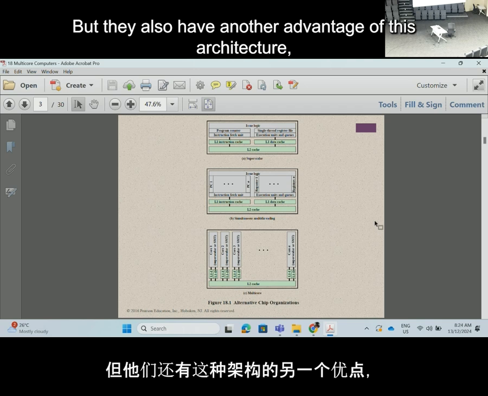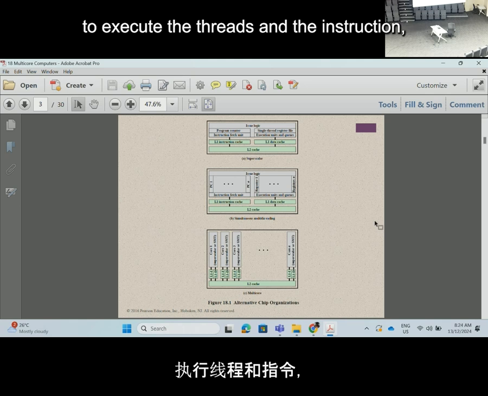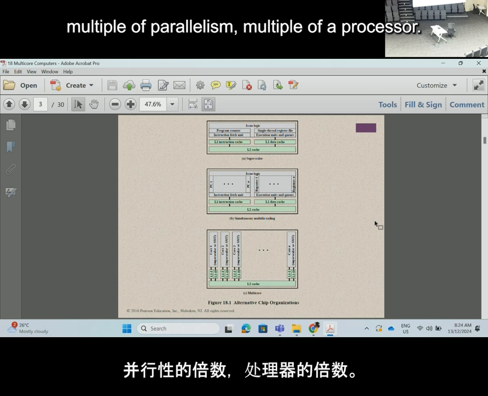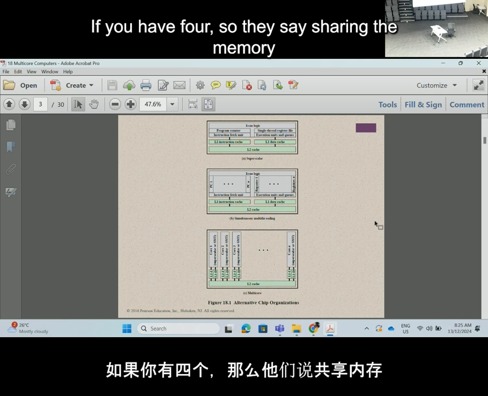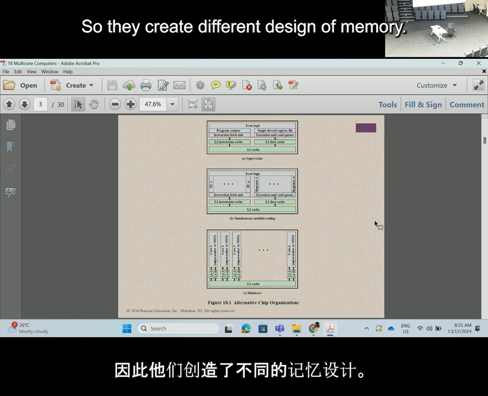But they also have another advantage in this architecture. We talked about simultaneous just now, executing the threads and instructions in parallel on multiple processors. If you have 4, they share the memory. To make it fast, they create a different design of memory.